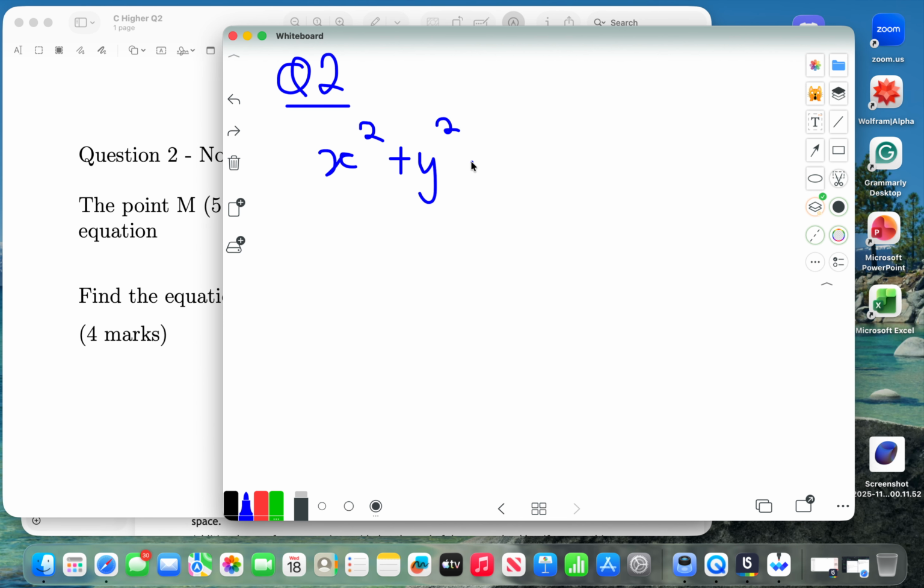If we have a look at the formula sheet on the exam, now if you look at this form for the equation of a circle, we're told that the centre is (-g, -f). So what we want to do is find the values of g and f.